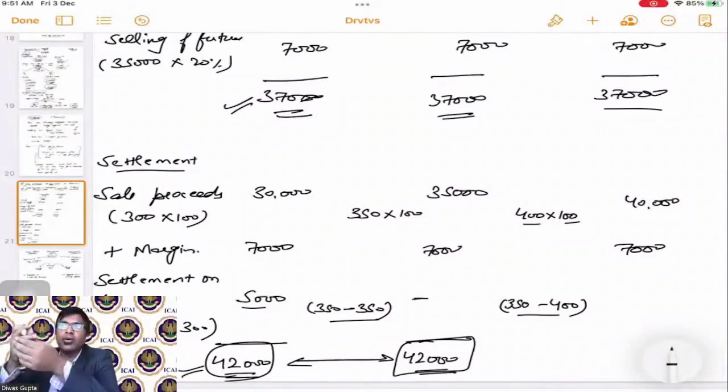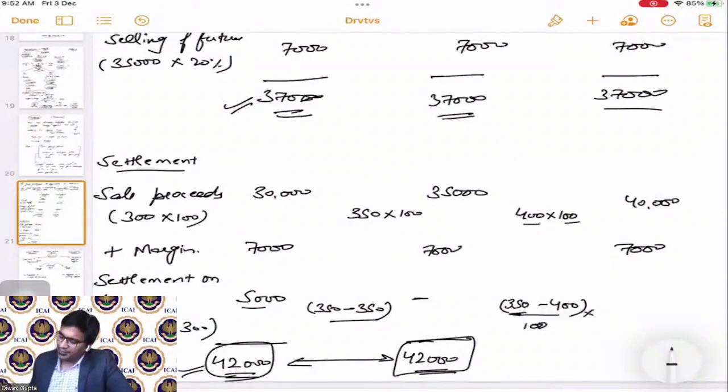If we have entered into a contract to sell the futures on an expiry date at 350 rupees, and if the open market rate on expiry turns out to be 400 rupees, that means 50 rupees we have incurred a loss, because in the open market we would have easily sold at 400 rupees. Very good, Harshad, loss. Naveen, loss. Thank you. So that means it is a loss.